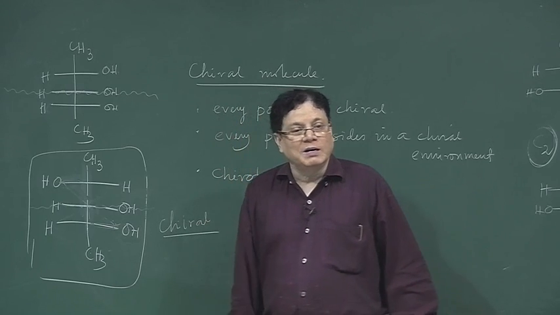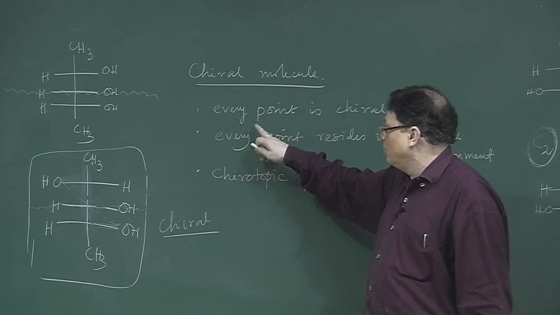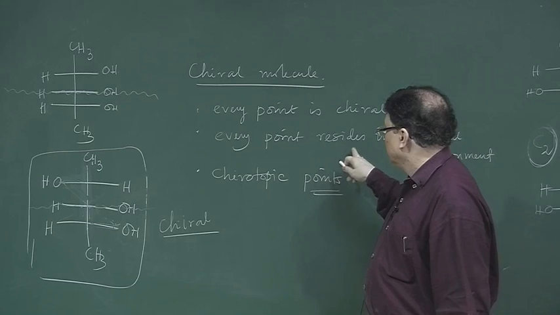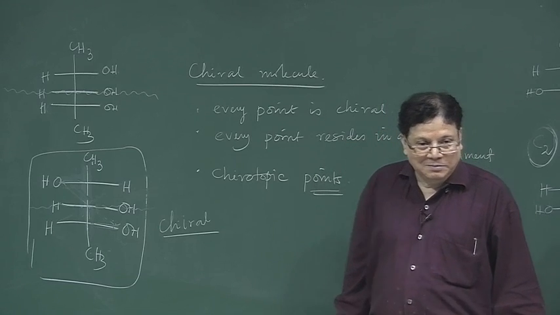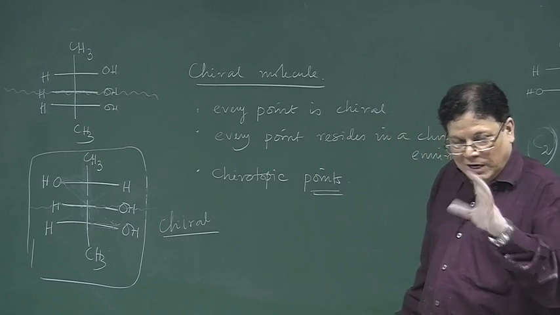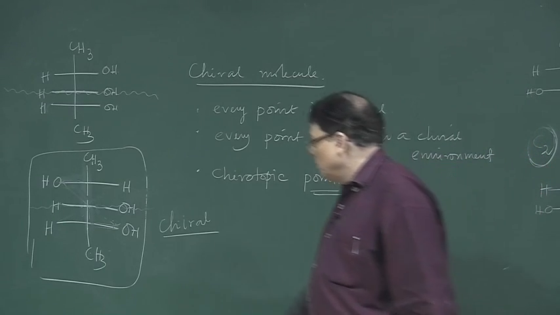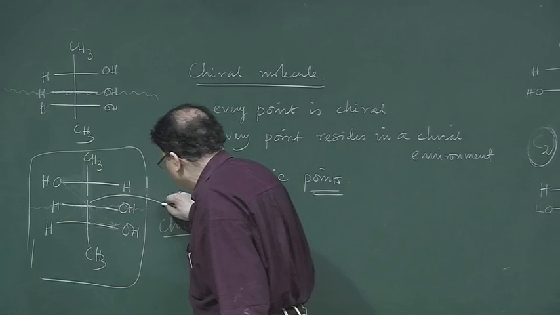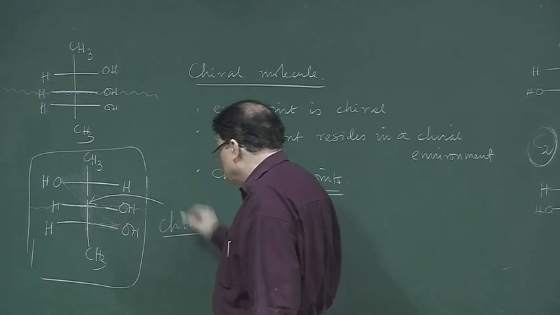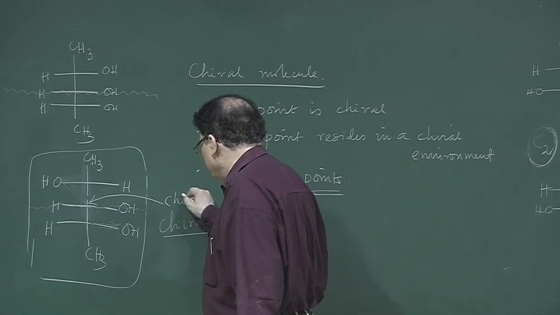According to the definition, in a chiral molecule, every point is chiral, or belongs to a chiral environment, and that point is called a chirotopic point. So, if I ask what is this point now, this carbon is chirotopic. Why?